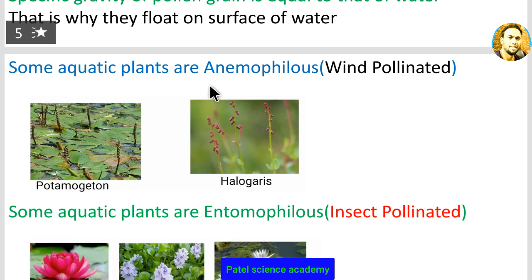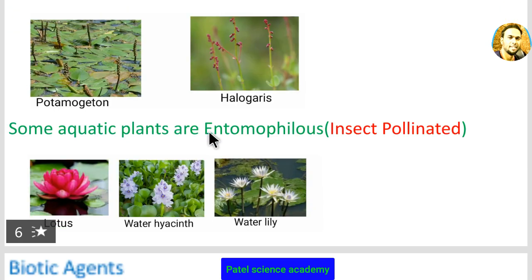Some aquatic plants are anemophilous, which means there are some plants which go for wind pollination, for example Potamogeton and Hydrilla. In these plants, wind pollination takes place. Some aquatic plants are entomophilous.